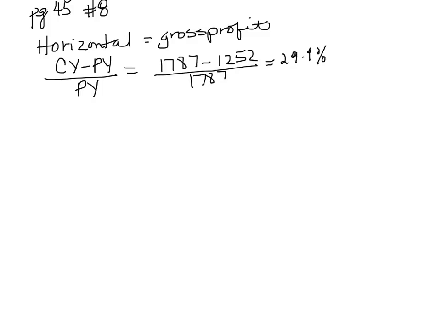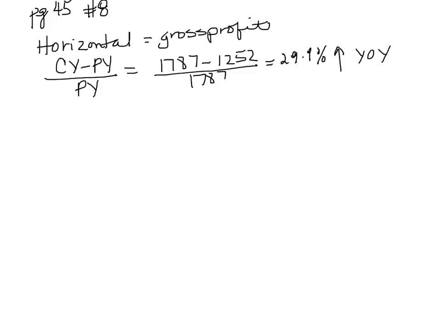So the $535 million of Smucker's gave us a 29.9% increase in gross profit year over year. What this means is that we probably sold more.